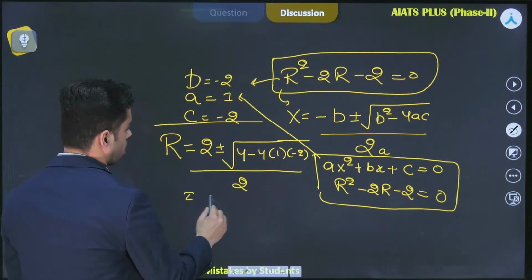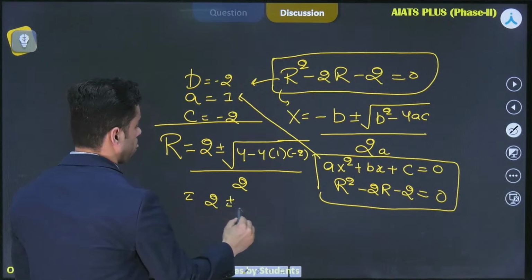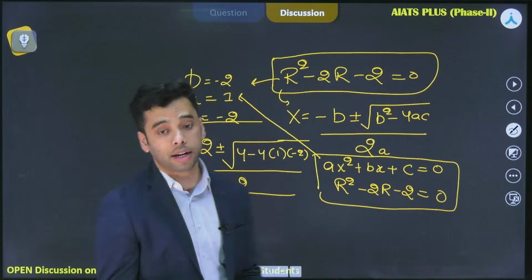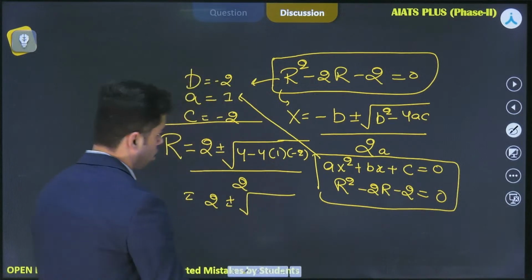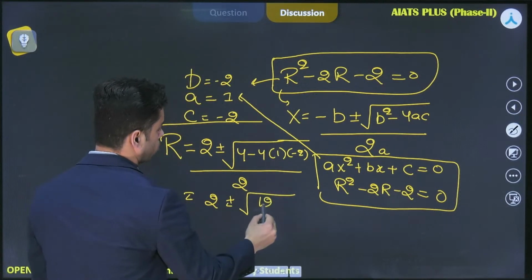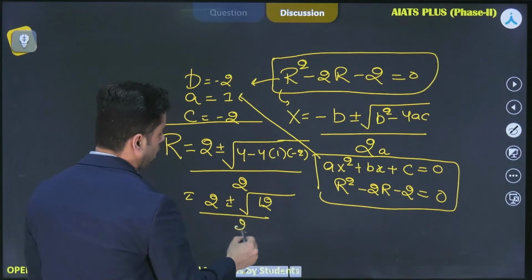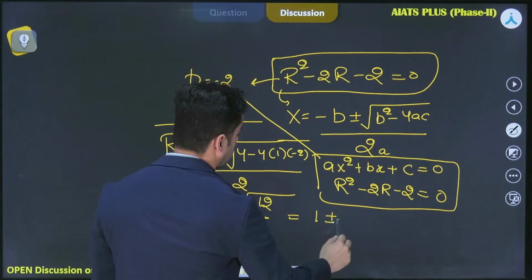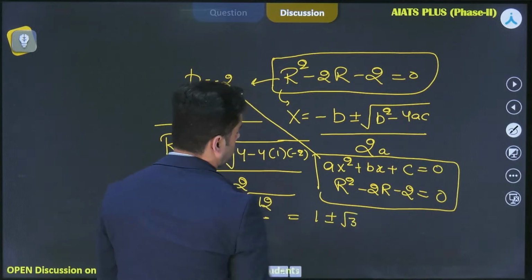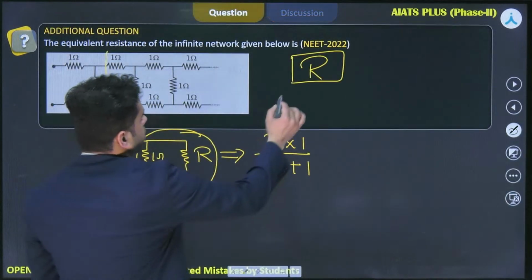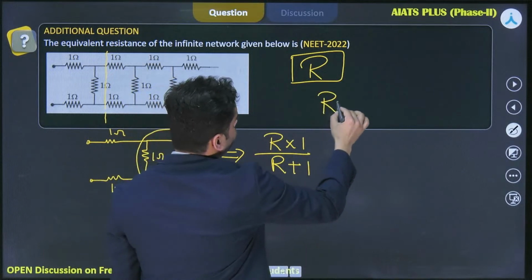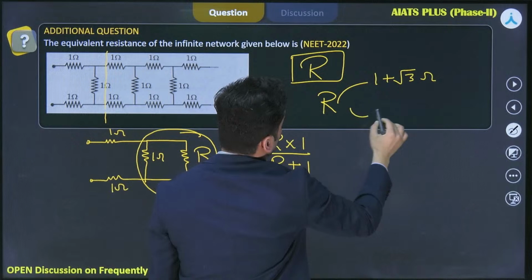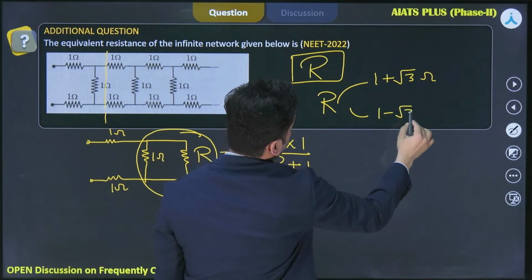So if I solve this, it becomes 2 plus minus under the root of 4 minus 4 into minus 2, which is minus 8, again minus, so 8 plus 4 is 12, by 2. Right, take 2 as common, so it becomes 1 plus minus root 3. Okay, R has two values, 1 plus root 3 ohm and 1 minus root 3 ohm.